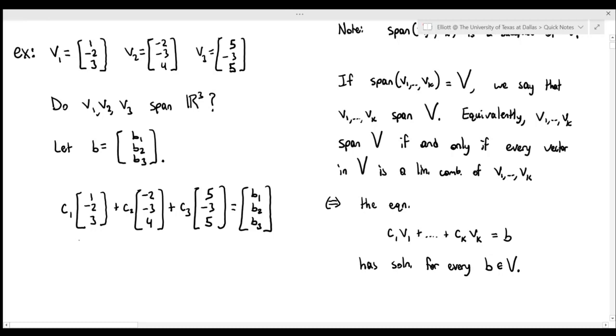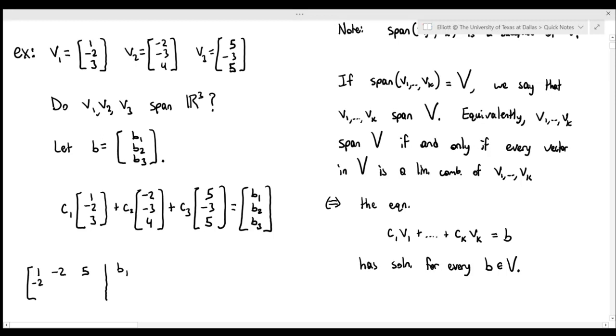Now this gives us a system of equations, so I'll write out the augmented matrix for it. The first equation is 1C1 minus 2C2 plus 5C3 equal to B1.